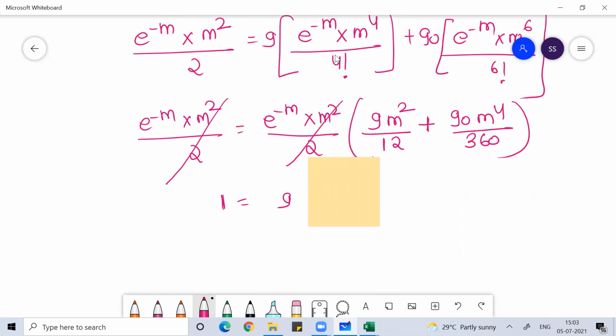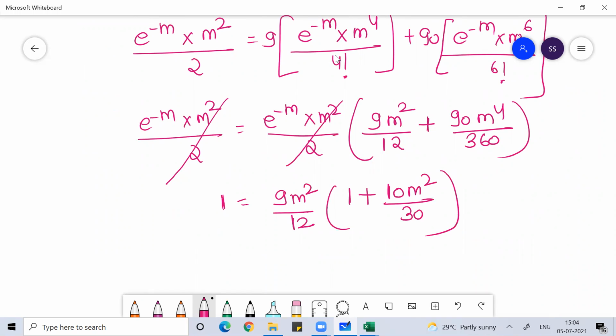I can take 9m square by 12 common. So I'll get 1 plus m square by 3.